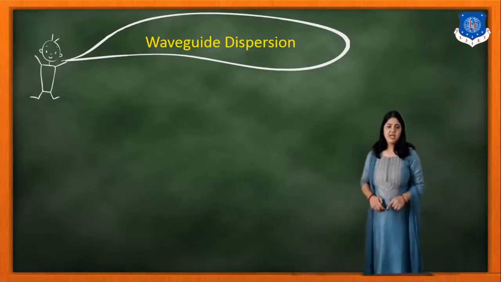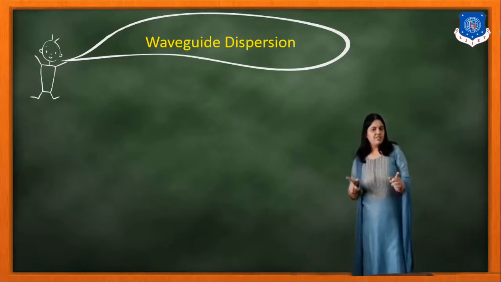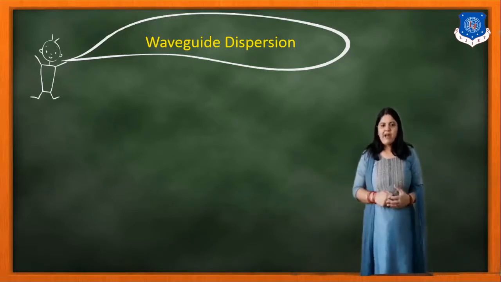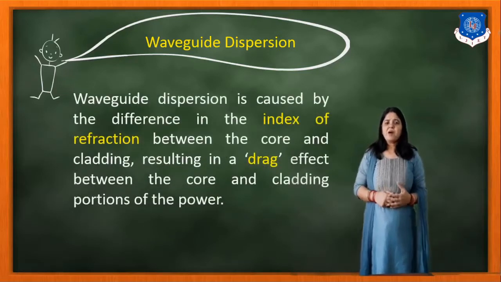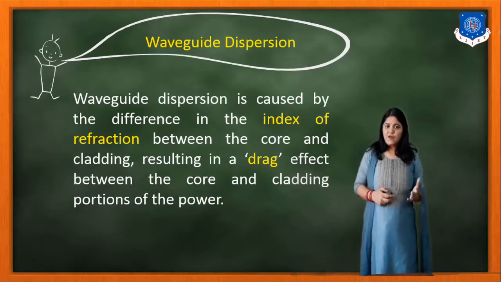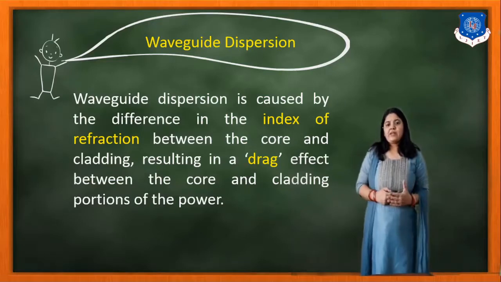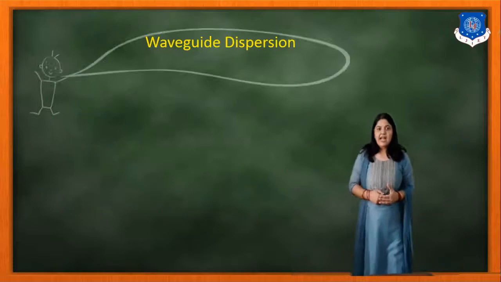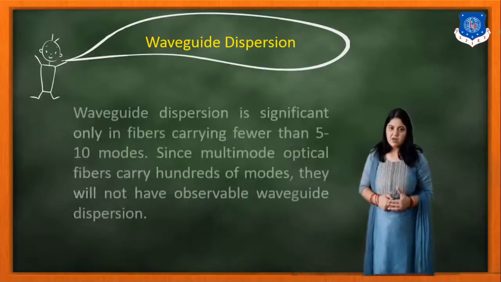Now the next category of dispersion. What is dispersion? It's nothing but the broadening of the pulse in the fiber. So what is waveguide dispersion? It is caused by the difference between the index of refraction of the core and the cladding. This is also known as the guiding effect in the fiber.